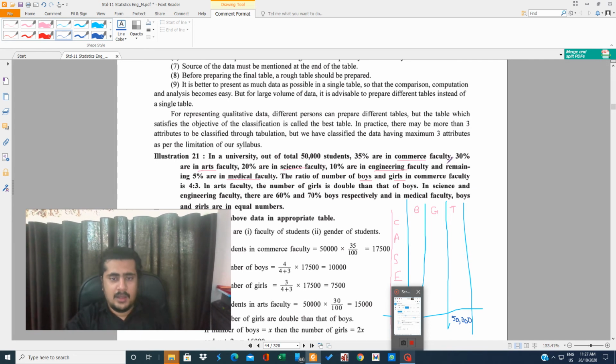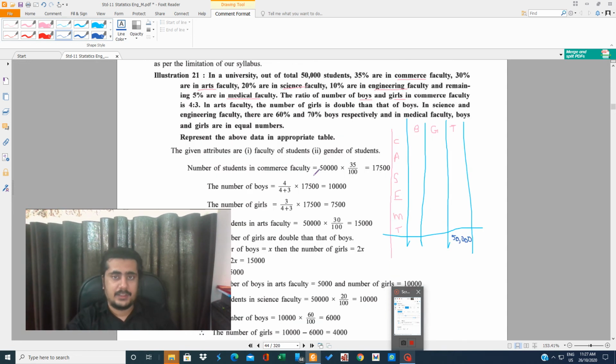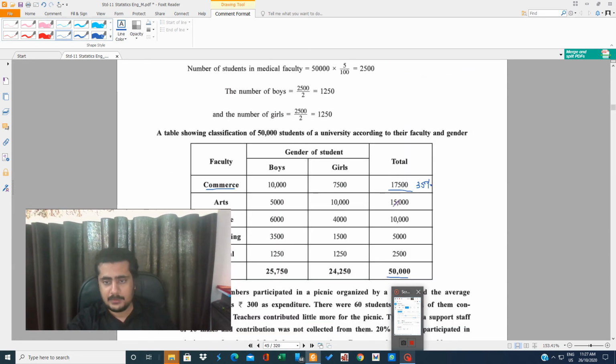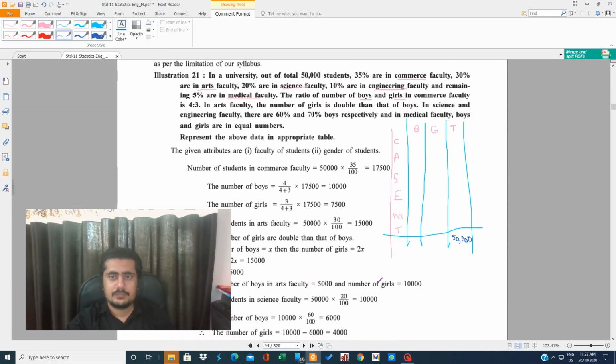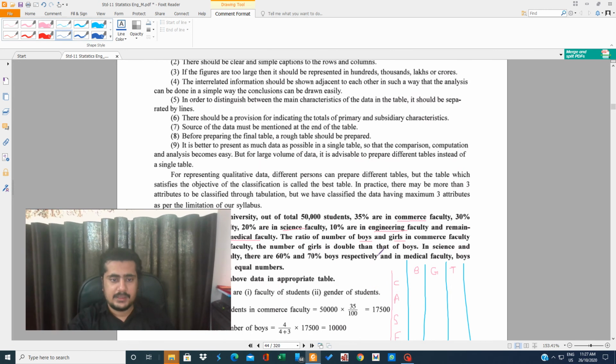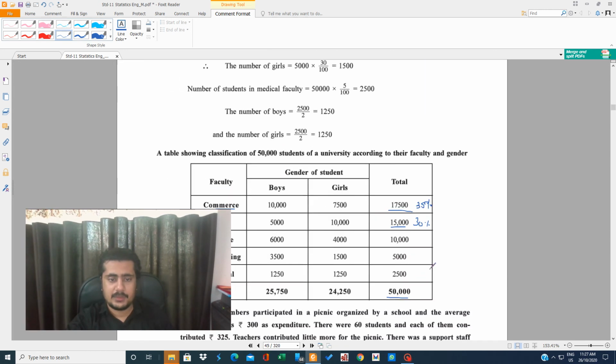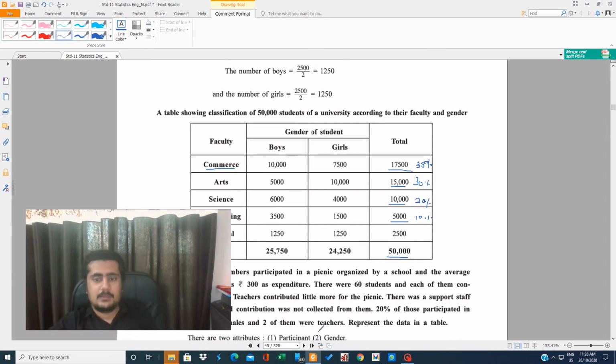Then 30% are in the arts faculty. 20% in science, 50,000 into 20%. And 10% in engineering.